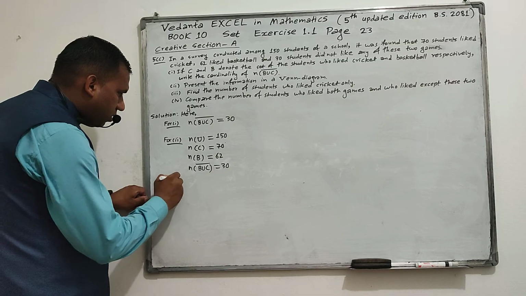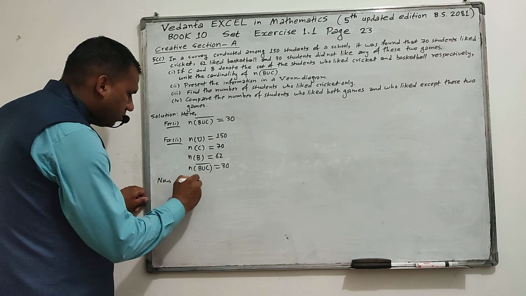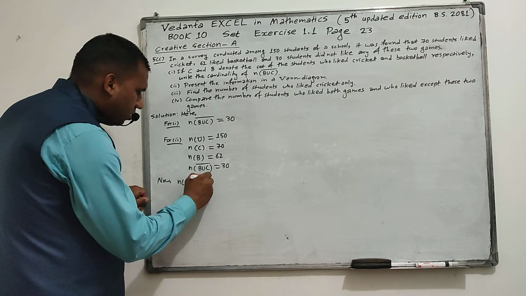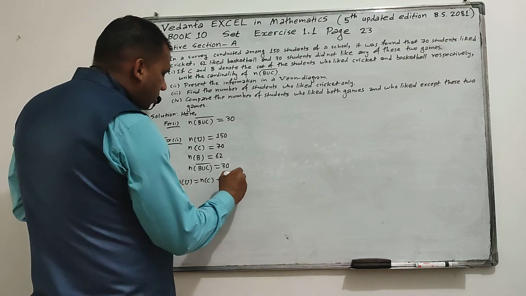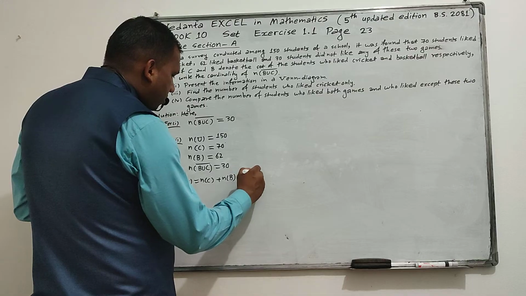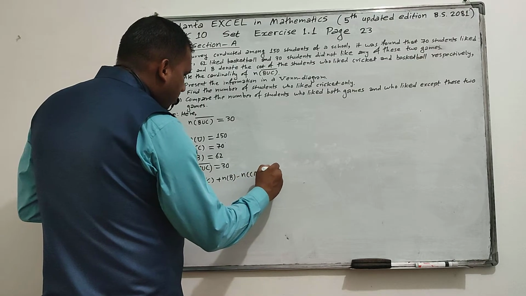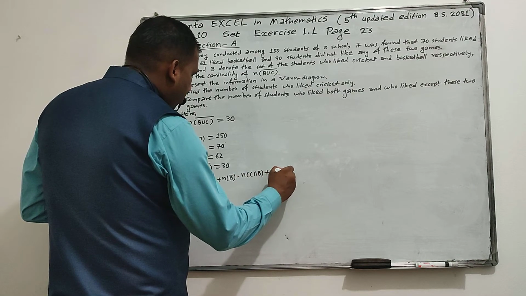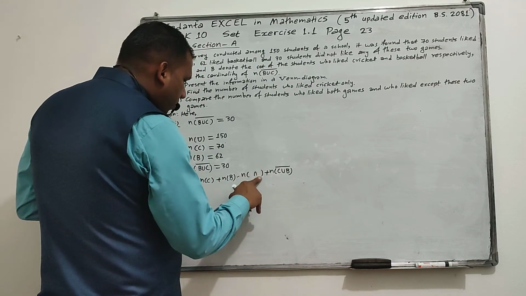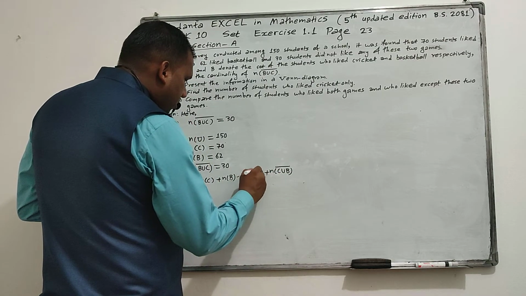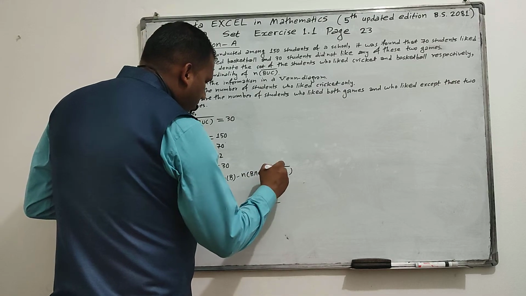Now using the formula, n(U) equals n(C) plus n(B) minus n(B intersection C) plus n((B union C) whole complement).